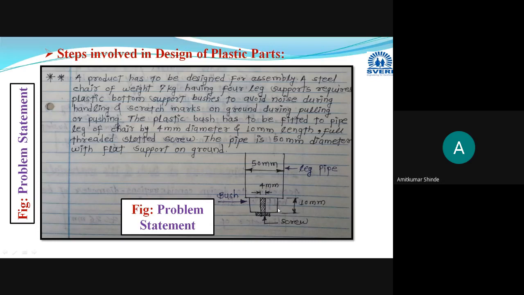Generally, the diameter of the bush is taken as 50% of the diameter of the leg of the chair. Here the diameter of the leg of the chair is 50, so the diameter of the bush is half of this 50 millimeter. This is the design consideration, and its height will be equal to the length of that screw, that is 10 millimeter.